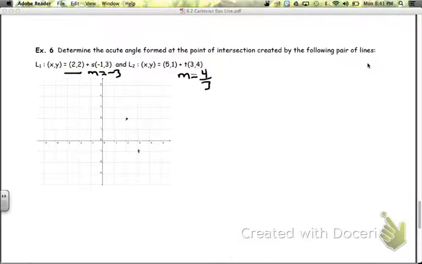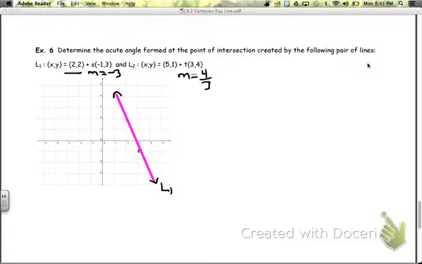So I have my point here, and now I'm going to connect those. Make sure that we draw arrows at the end here, and this is our line 1.